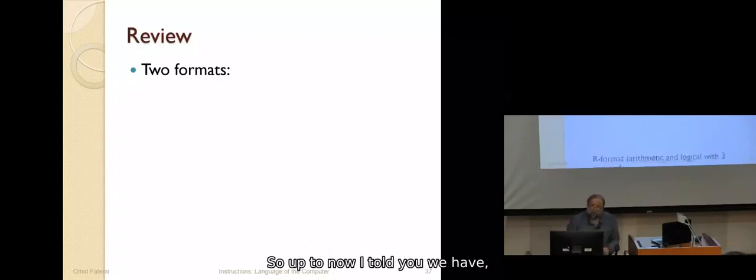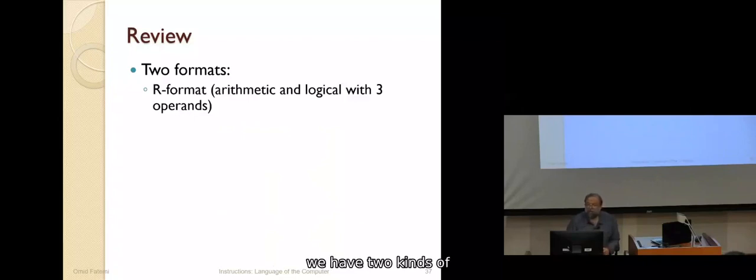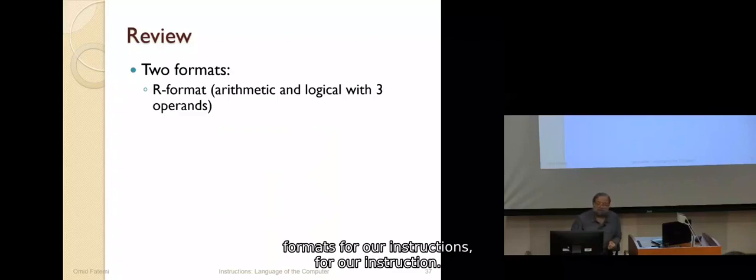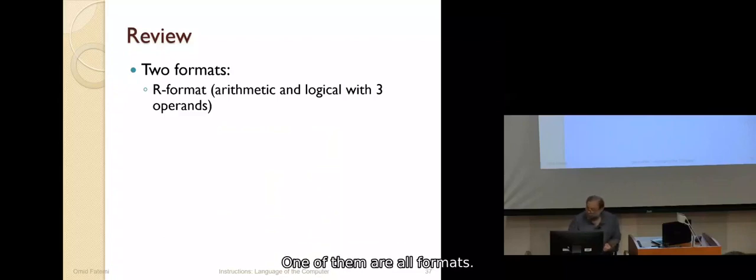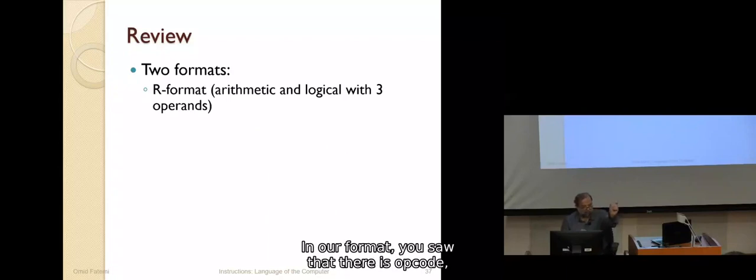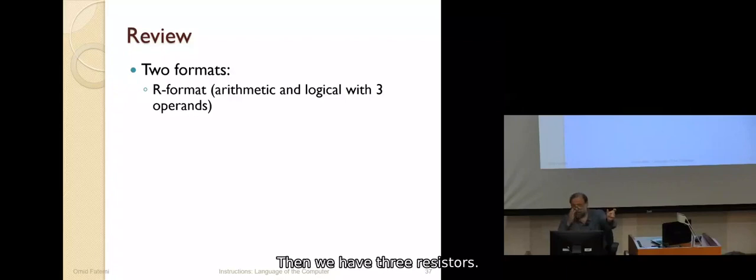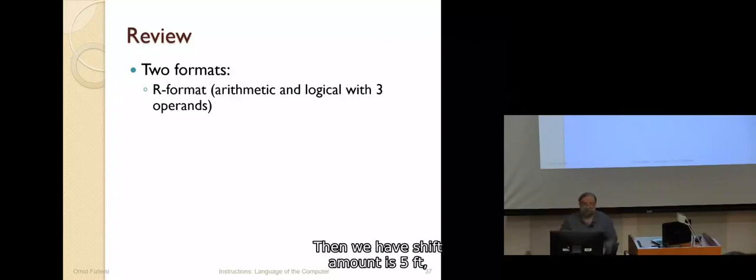So up to now, I told you, we have two kinds of formats for our instructions. One of them is the R format. In R format, you saw that there is an opcode, which is 0 for now. Then we have 3 registers. Then we have the shift amount, 5 bits, and then we have the function code, 6 bits. So 6, 5, 5, 5, 5, 6.